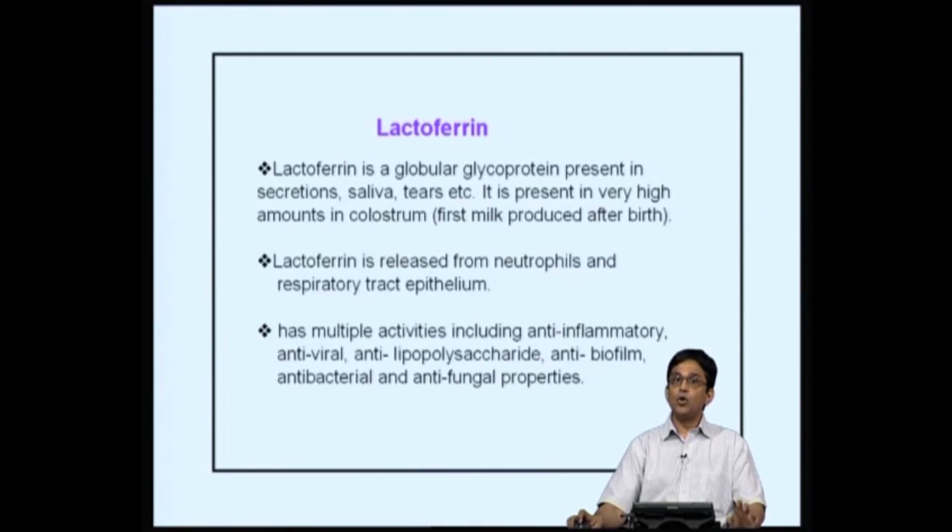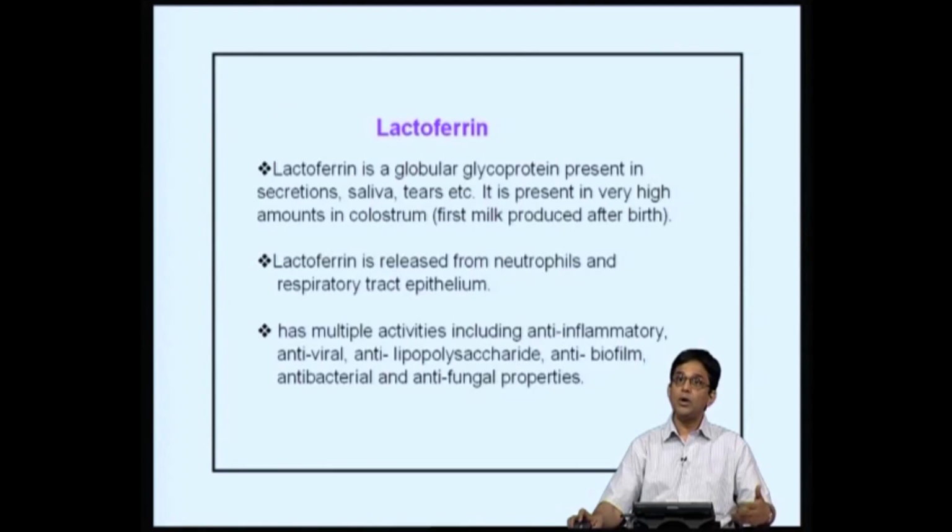Lactoferrin is a globular glycoprotein, and it is present in secretions such as saliva, tears, etc. It is present in the highest amounts in colostrum. So, why is colostrum so important? Colostrum is important because it is the first milk that babies drink after birth, and it is possible that lactoferrin is playing an important antimicrobial role in helping the baby fight infection, because once babies are born, they are more susceptible.